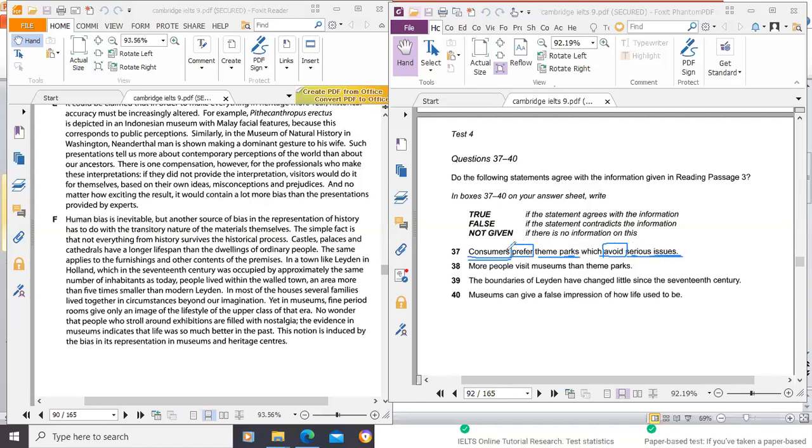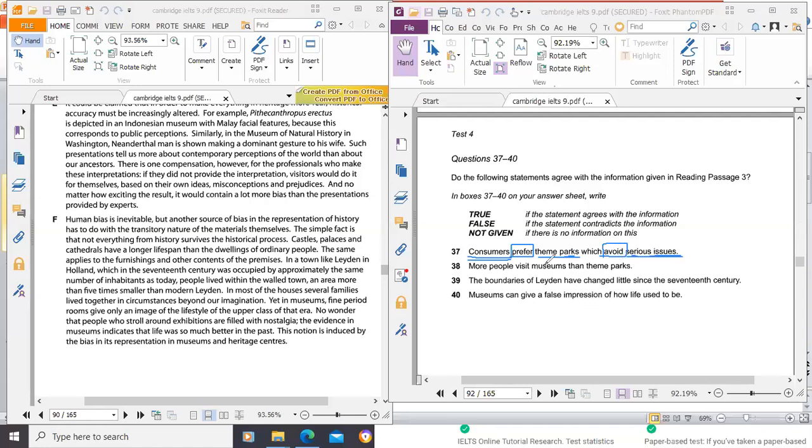But the word consumers here in this sense means visitors, okay? And the words I have circled or put in brackets here are those which could change the meaning of this statement and which confuse me.